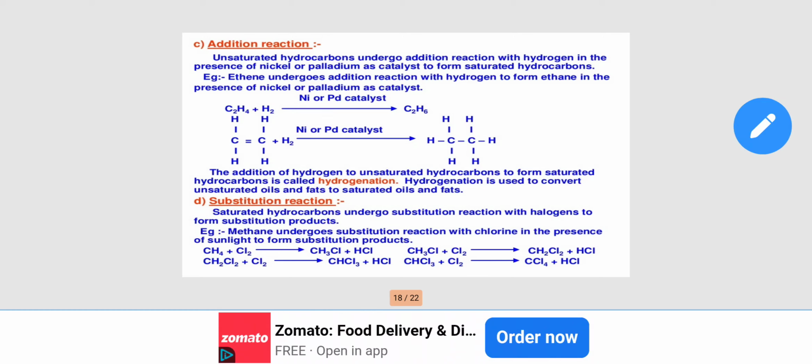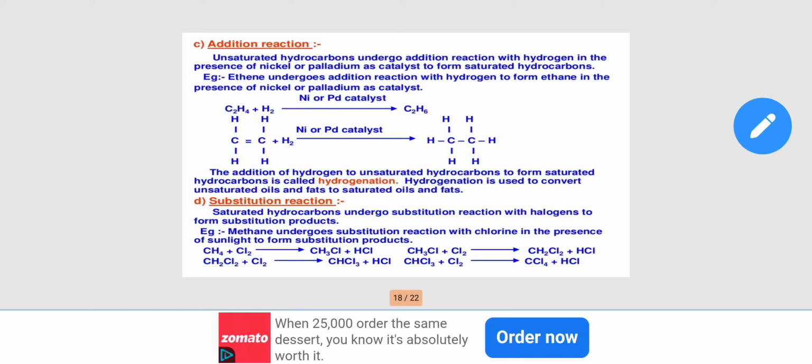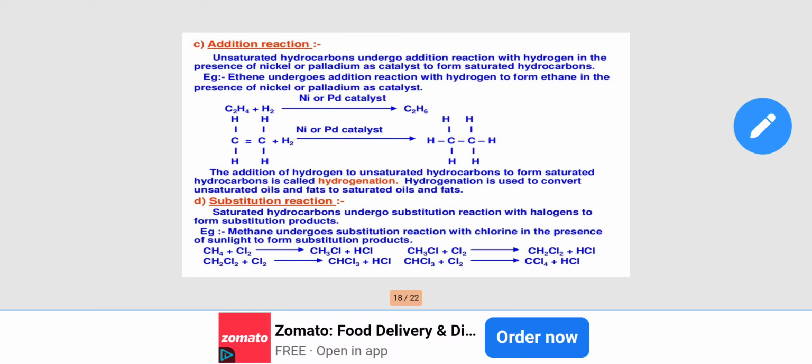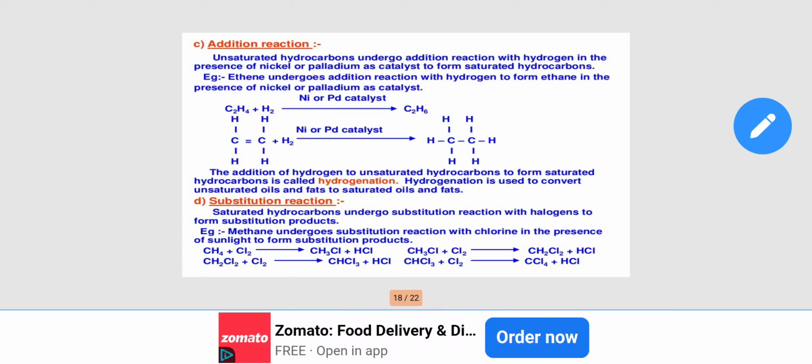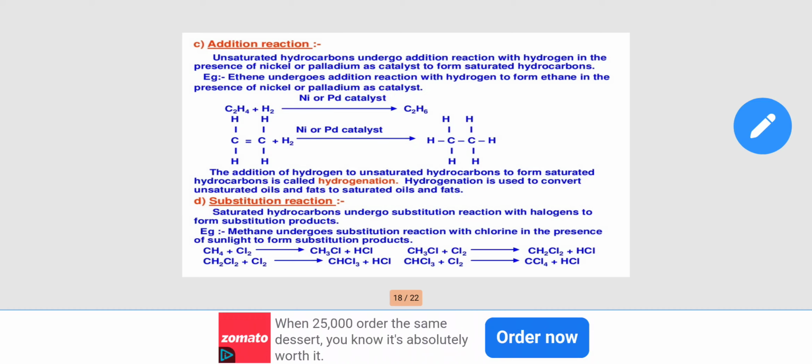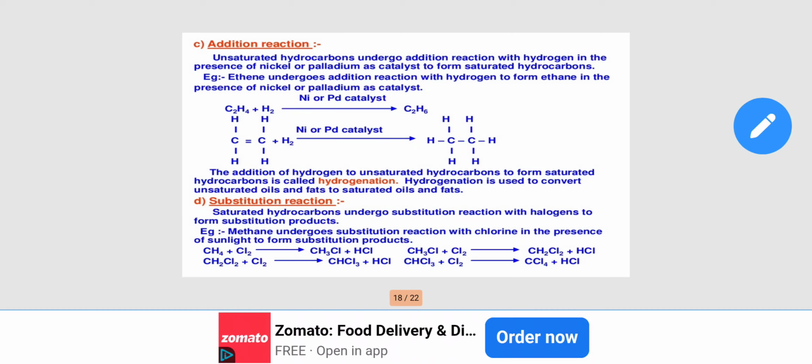CH4 methane plus Cl2 gives CH3Cl plus HCl. With the second chlorine added, CH3Cl gives CH2Cl2 plus HCl.